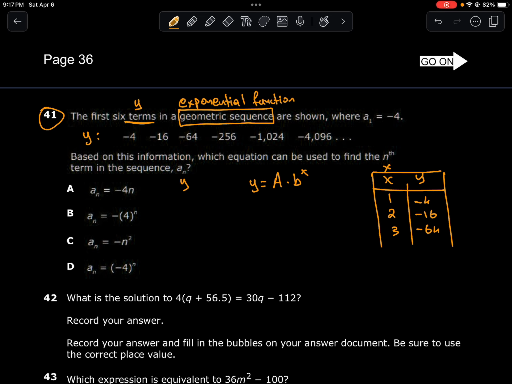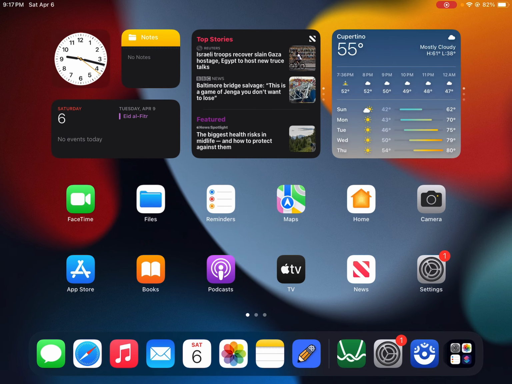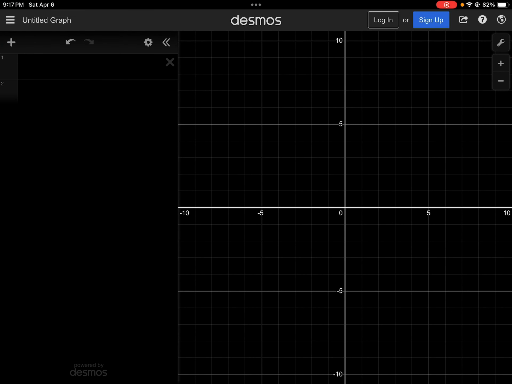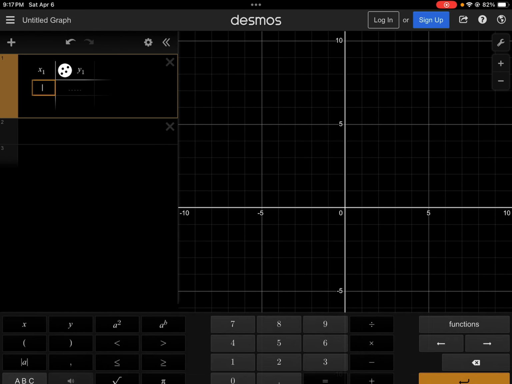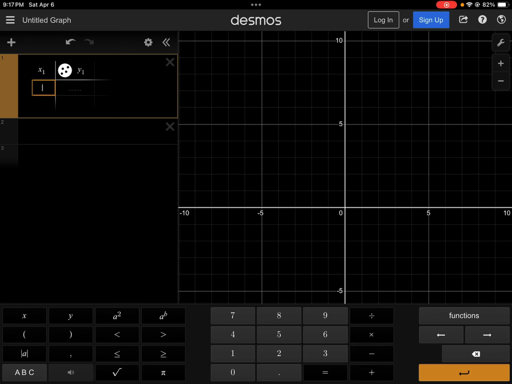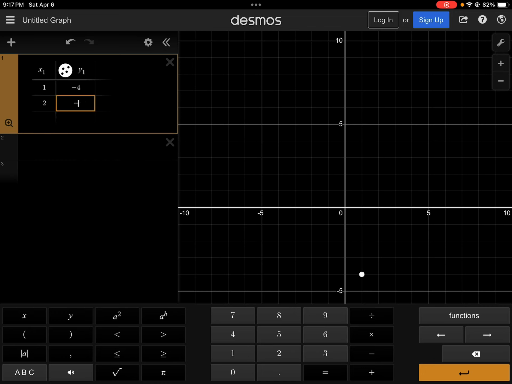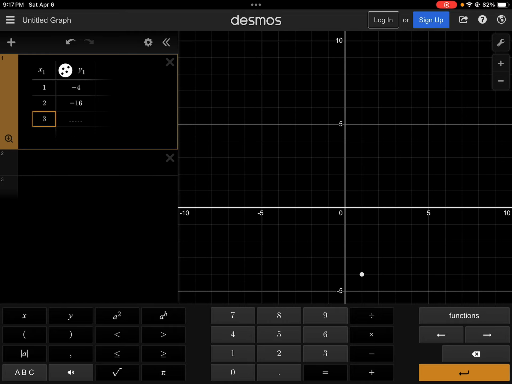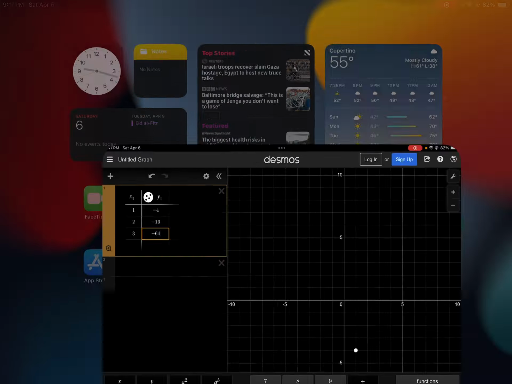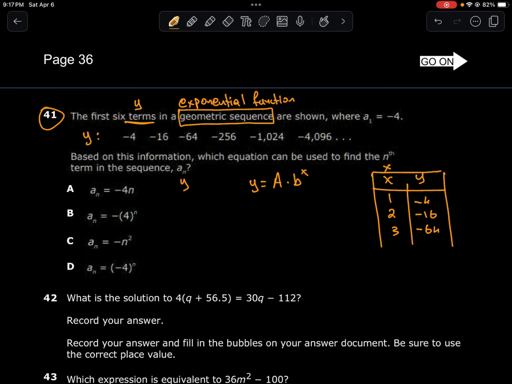Alright, so let's put that table on my graphing calculator and see if it will help me figure out. Okay, plus sign table, 1 goes with -4, 2 goes with -16 and 3 goes with I believe -64. Let's double check that. I think it was -64.